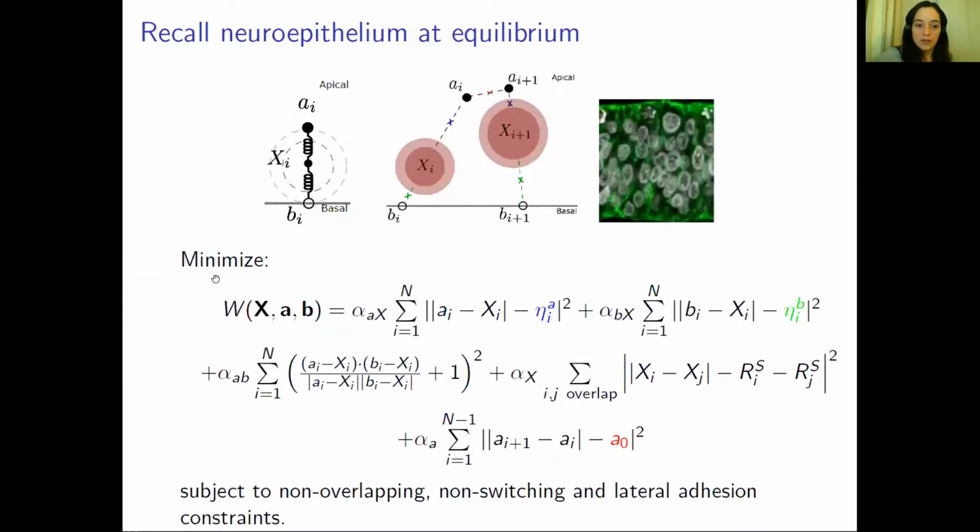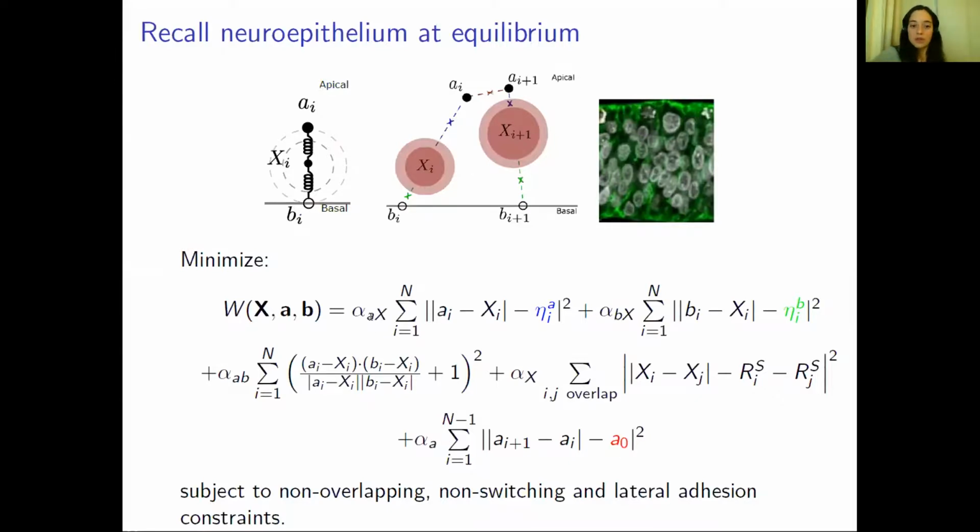Okay, so I collect here again the minimization problem with all the terms. So this is our energy. Now I have here a few parameters. Alpha, these are the stiffness of the springs. Also these rest lengths, eta, and A0.